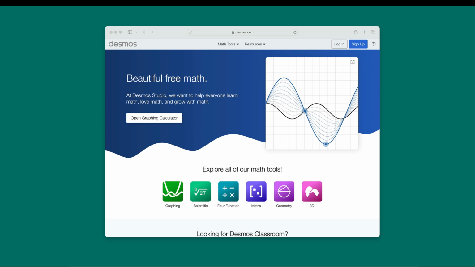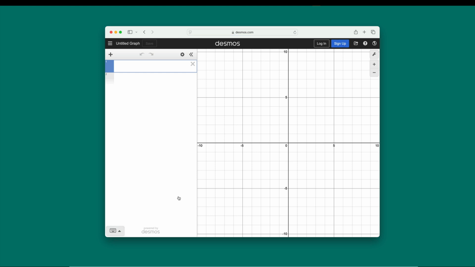Okay, so how do we solve this using, say, a graphing calculator? Let's go to decimals. So here's decimals. What you're going to do is input your related rational function, which was x minus 3.